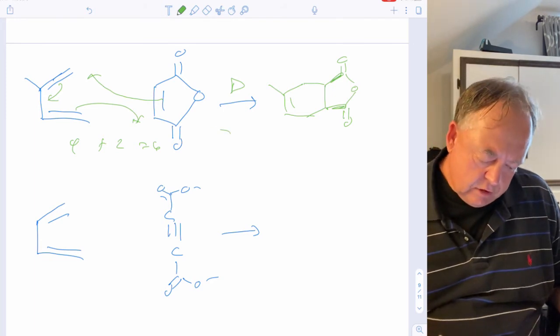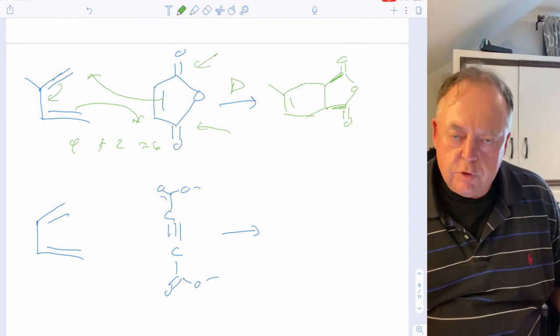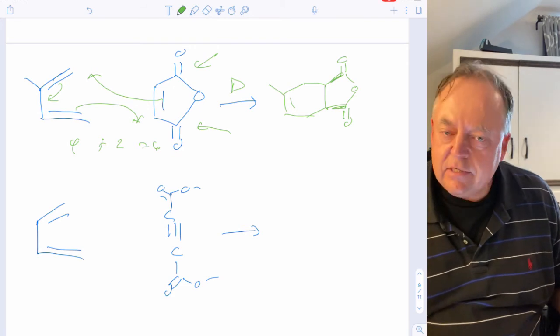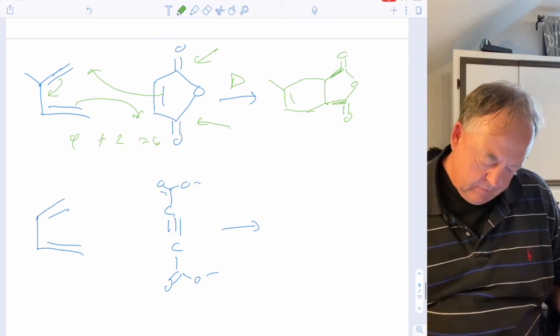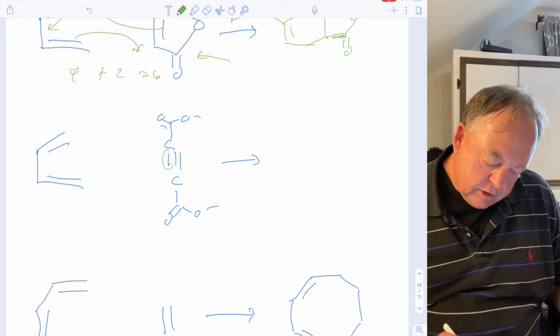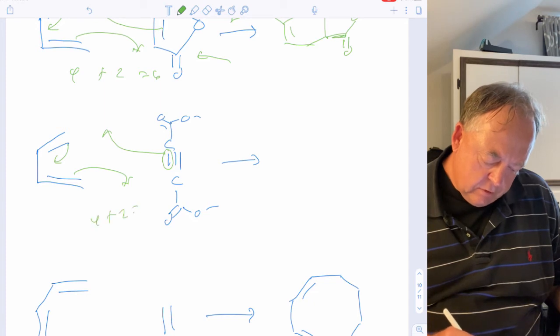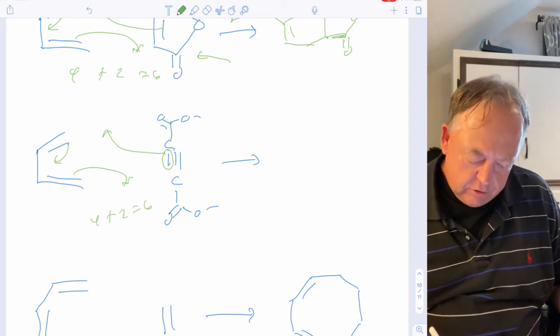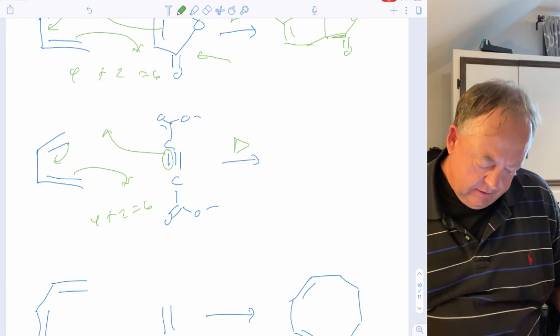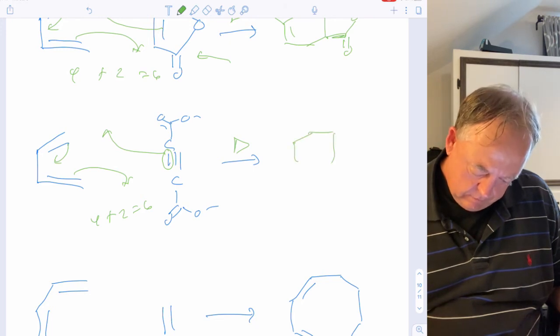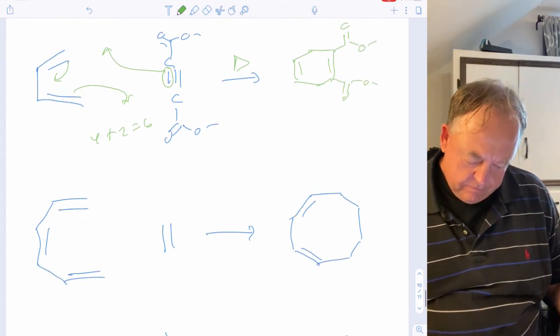Because these two groups, the C double bond Cs, started cis to each other, so they have to end up cis to each other in the product. And this one, again, since we're only using 2 of those electrons in the triple bond, this is another 4 plus 2, 6 electrons, so it's a 4n plus 2 system, so it requires heat. And you would make that.